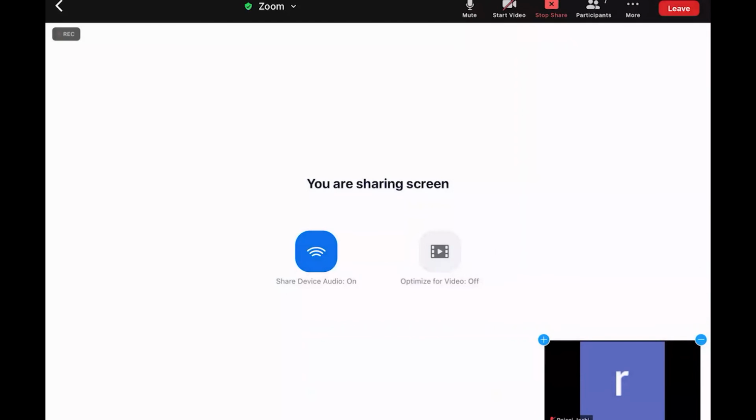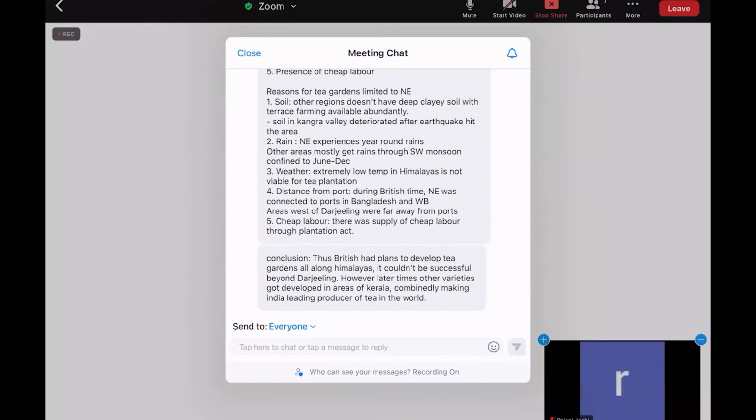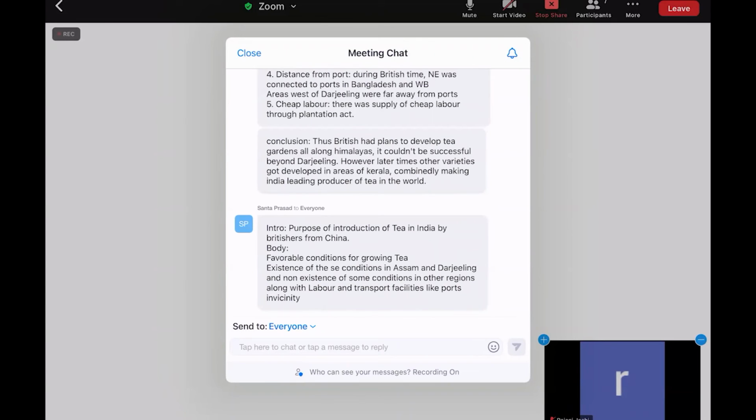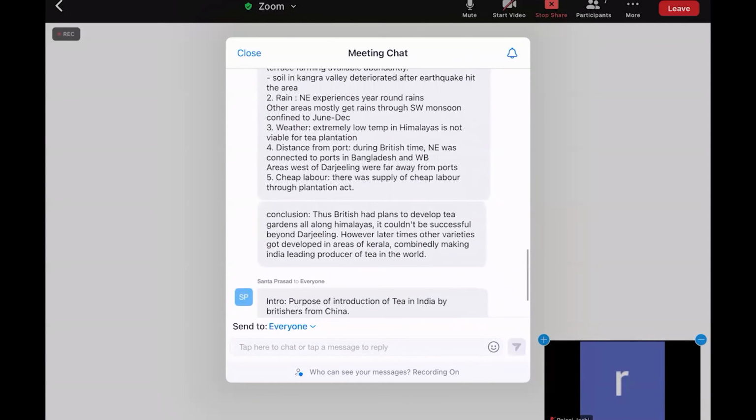Yeah, very valid points, Rajni. And yeah, basically it's about terrain and also the conditions. Because beyond Darjeeling, yes, the weather is very extreme, the rainfall is very high, and then the labor supply is very low, and the distance from the nearest port of India is also very, very high.